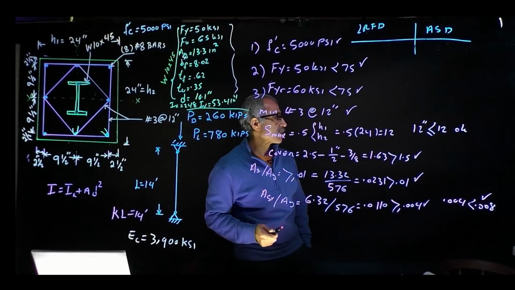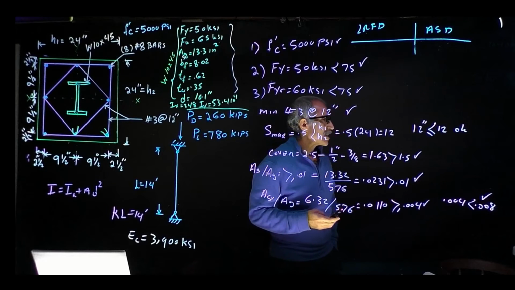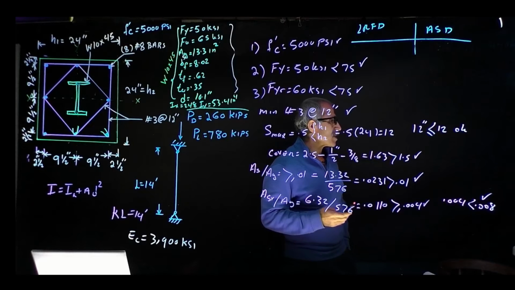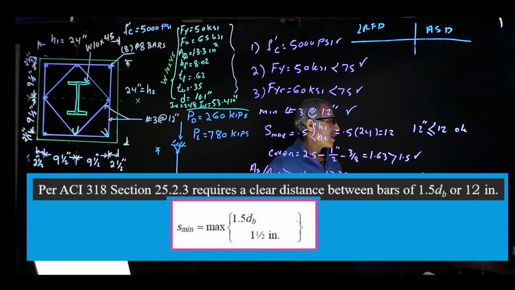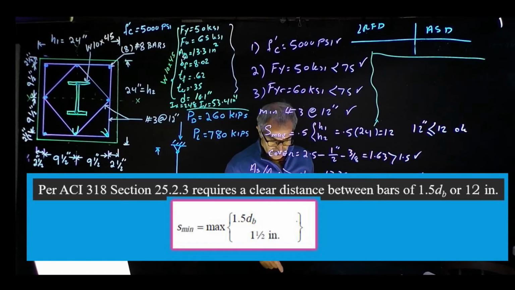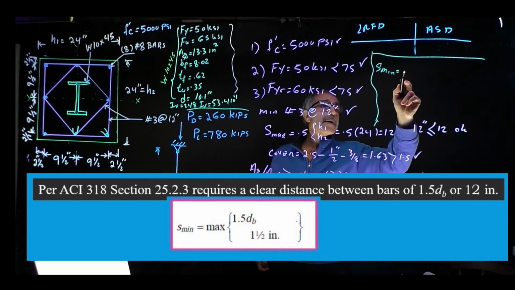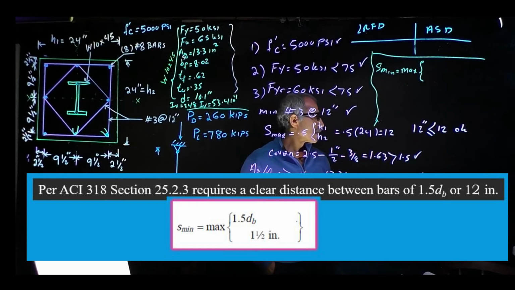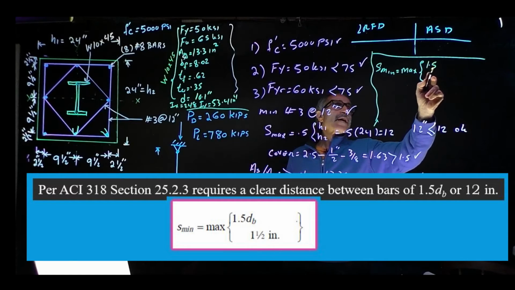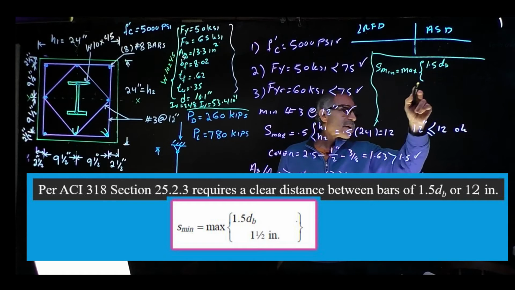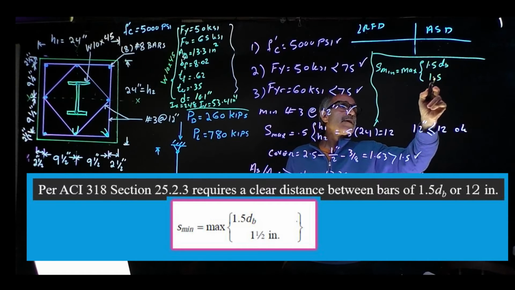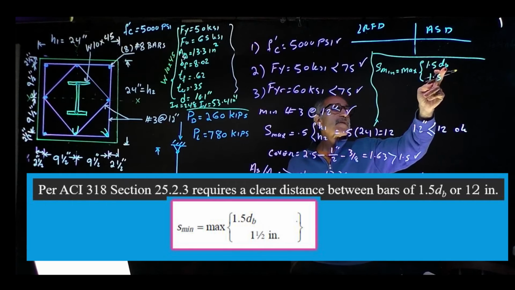Continue with this spec, it also asks for a required clear distance between the bars, which should not be less than 1.5 times the diameter of the bar. So that's basically saying that our S minimum is supposed to be the maximum of 1.5 times db or 1.5 inch. Both come out to 1.5 anyway, since the diameter of the bar is 1 inch.